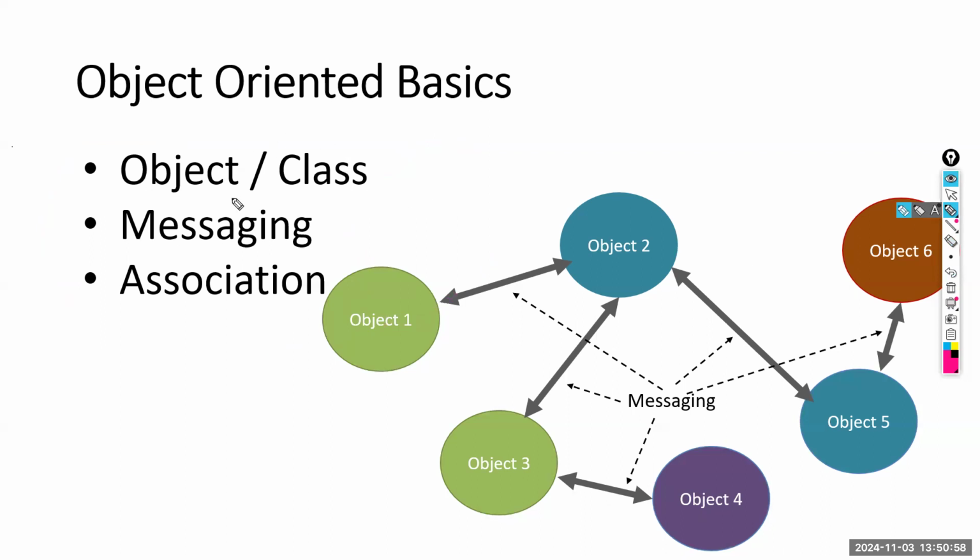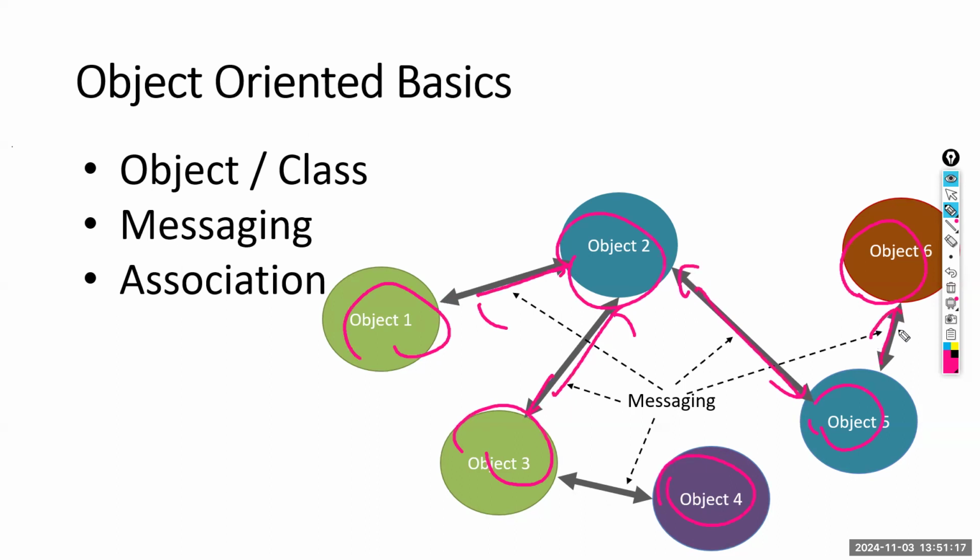Actually, we take two concepts together, objects and classes. Remember, how do we look at a system in object-oriented programming? A set of objects that communicate and collaborate. Communicate and collaborate, why?